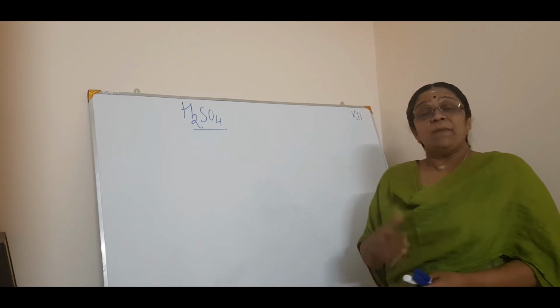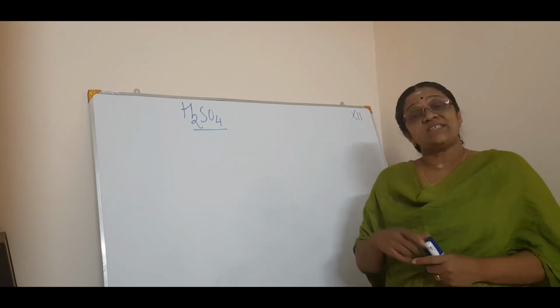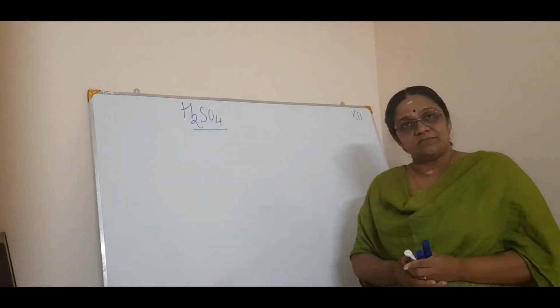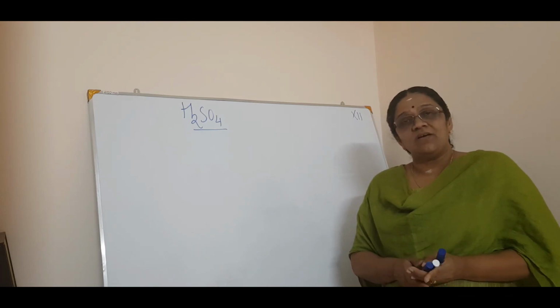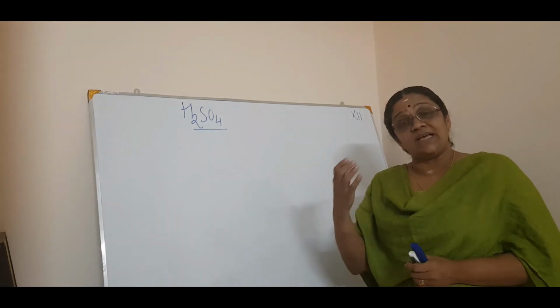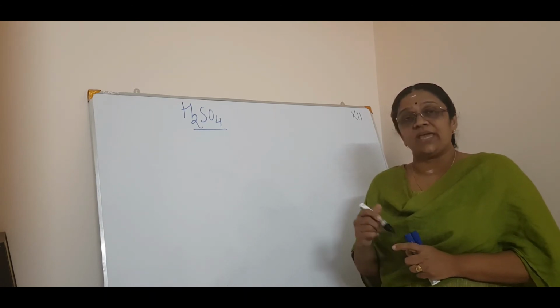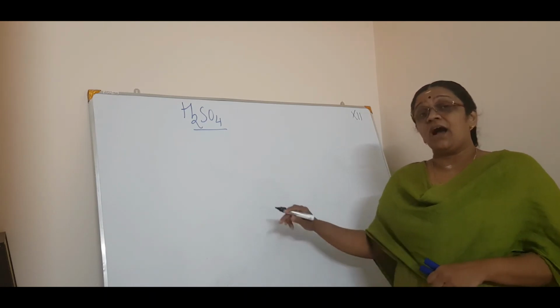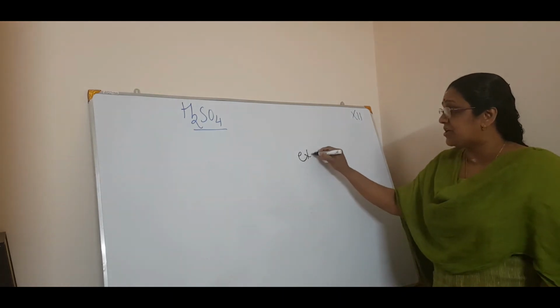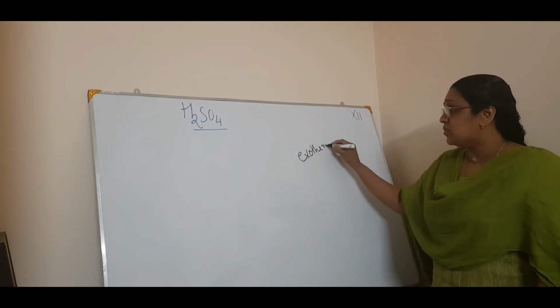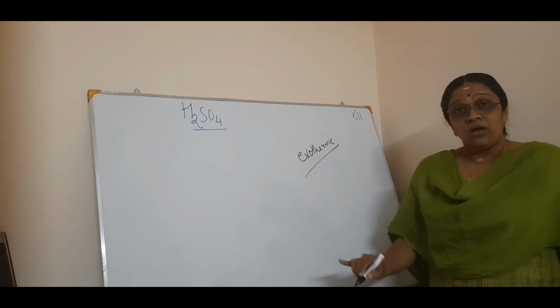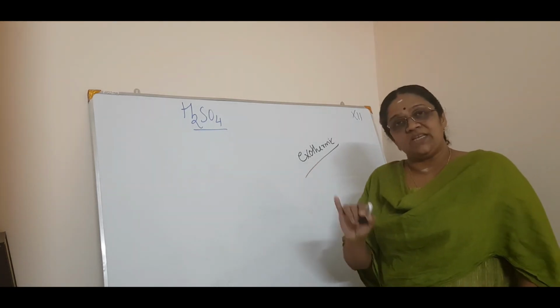Now the main thing is adding sulfuric acid to water. What happens when sulfuric acid is added to water? If it is concentrated sulfuric acid, then it is a highly exothermic reaction, so a very large amount of heat is liberated.